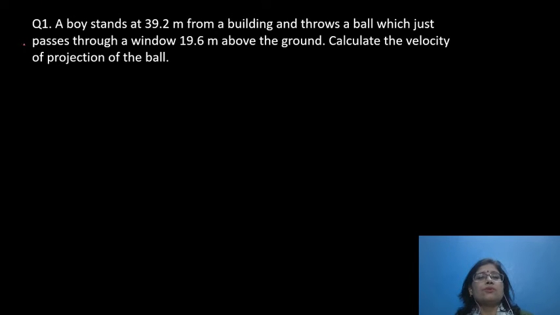Now students, you have to solve this question; I am just explaining it. A boy stands at 39.2 meter from a building and throws a ball which just passes through a window 19.6 meter above the ground. Calculate the velocity of projection of the ball.